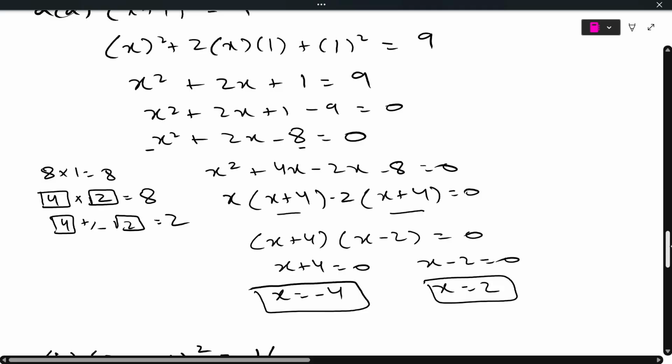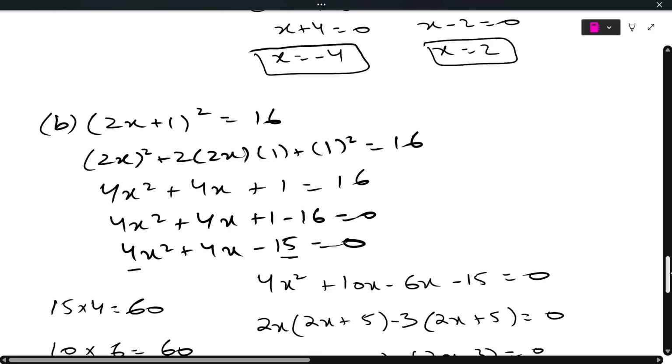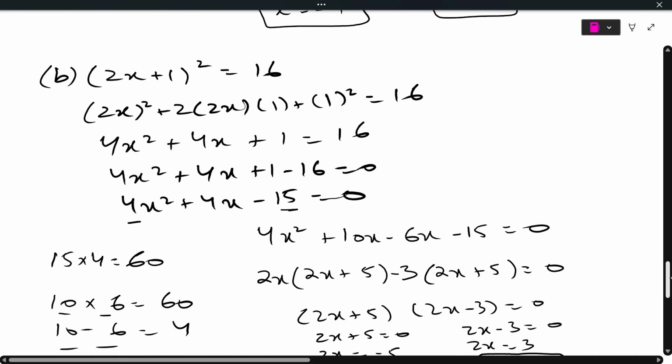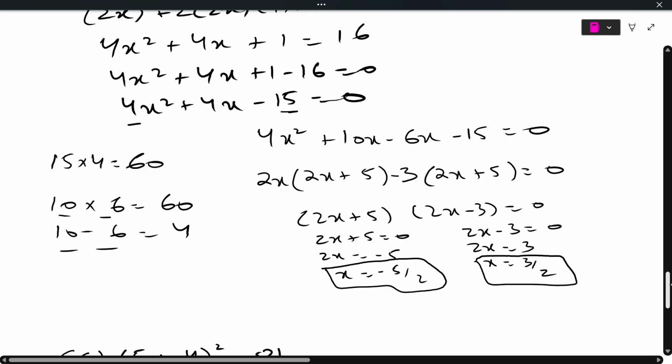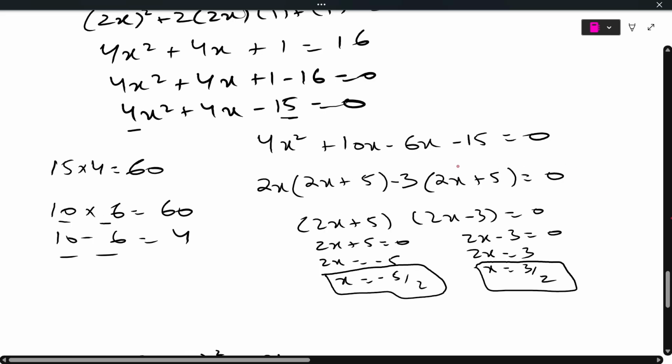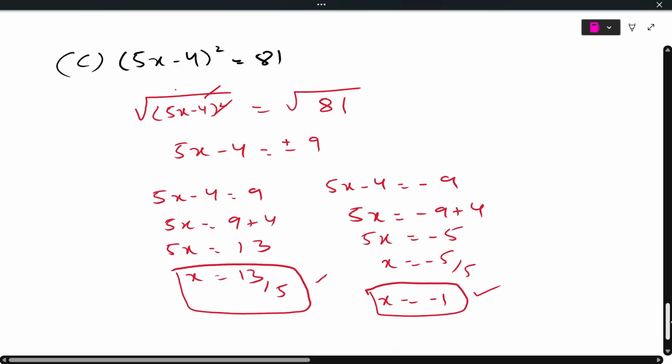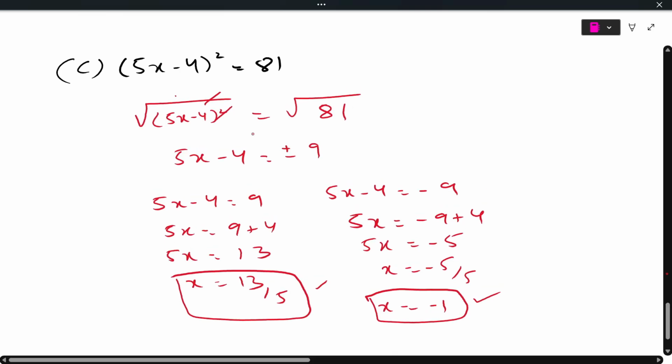In the first two parts, part number A and B, we used the expansion version, where you expand the bracket with the help of the identity a square plus 2ab plus b square, and then you simplify it with the help of the middle term break so that you can find the values of x. But over here, we just took the square root of both sides and simplified it.